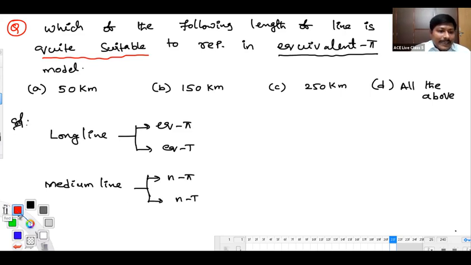So as he is asking about the equivalent pi model, we have to choose the long length of line. So it will be 250 kilometers that we have to select.